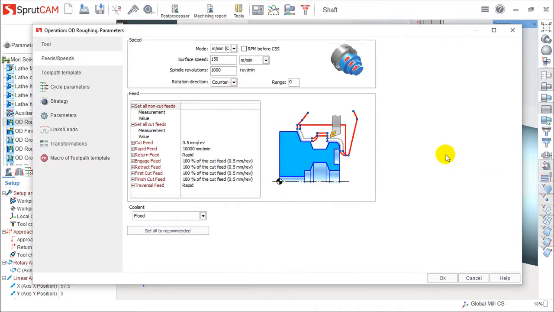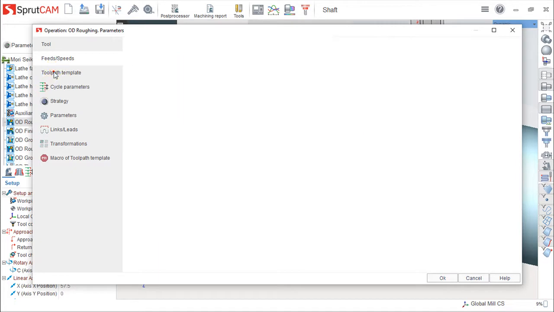Feeds and speeds, again, the concept is the same, even though the parameters themselves are a little different because the behavior, the kinematics, is completely different. But we have this graphic to show you what each one of the parameters does and to properly define them here in this dialog box.